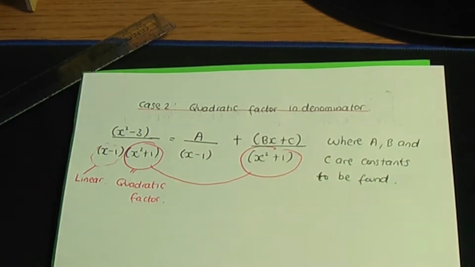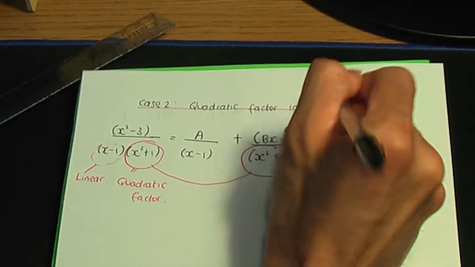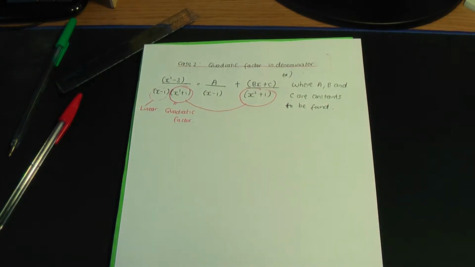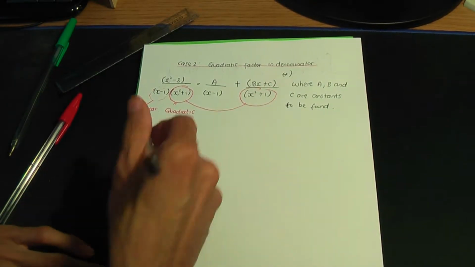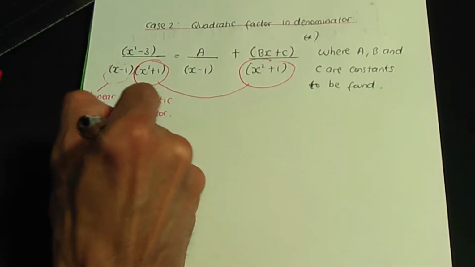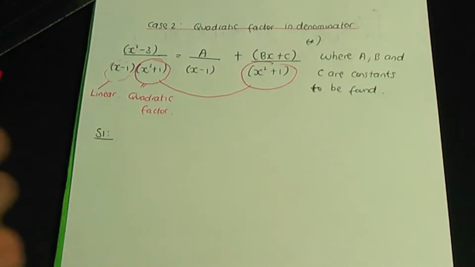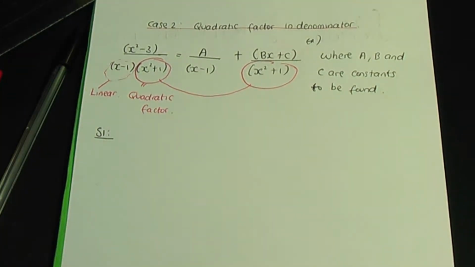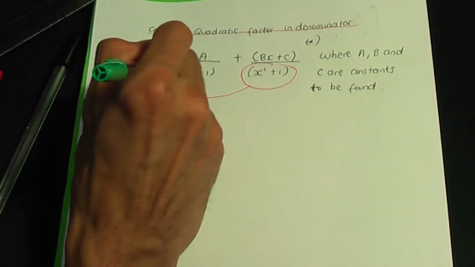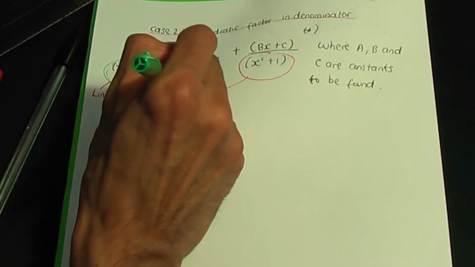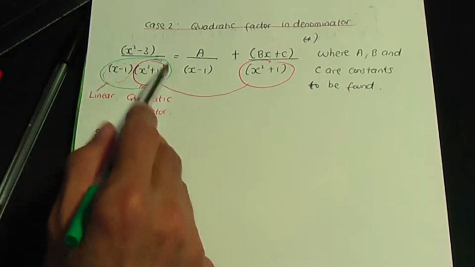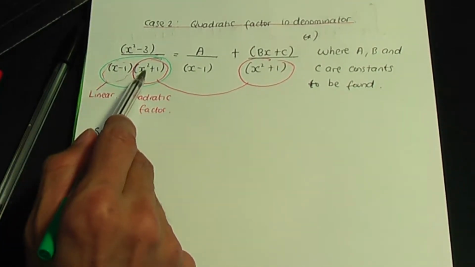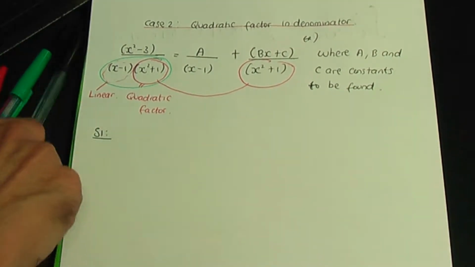I'm going to use exactly the same method that I used in the previous video to work out the constants, which in this case are a, b and c. Let me explain the method. Step number 1, as I explained in the previous video, look at the term as a whole in your denominator, which is x minus 1 into x squared plus 1.